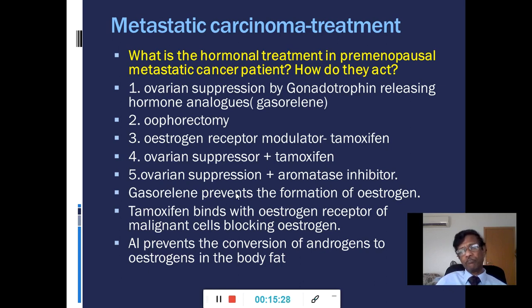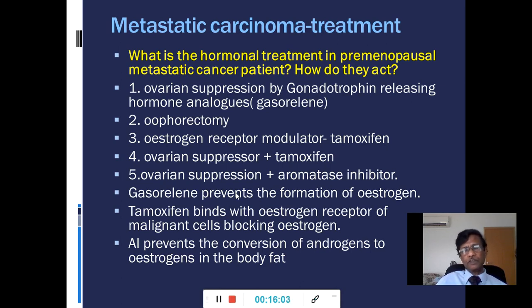Suppression of ovarian function can be done by gonadotropin releasing hormone analogs such as goserelin, to stop the release of ovarian hormones. Or you can do an oophorectomy. If you are unable to do ovarian suppression, we can simply do the oophorectomy, or use the estrogen receptor modulator that I have already told you, tamoxifen.